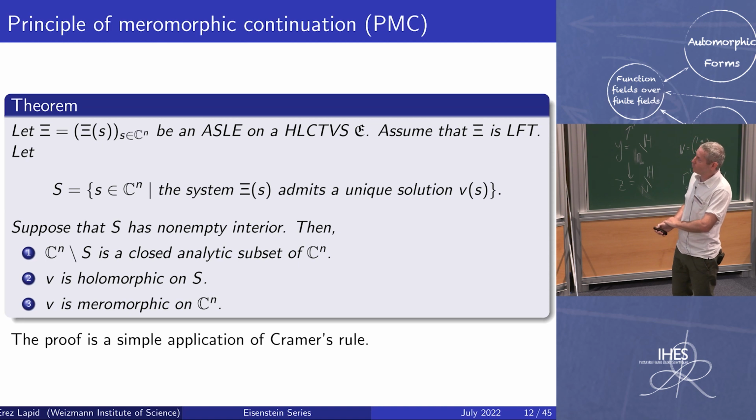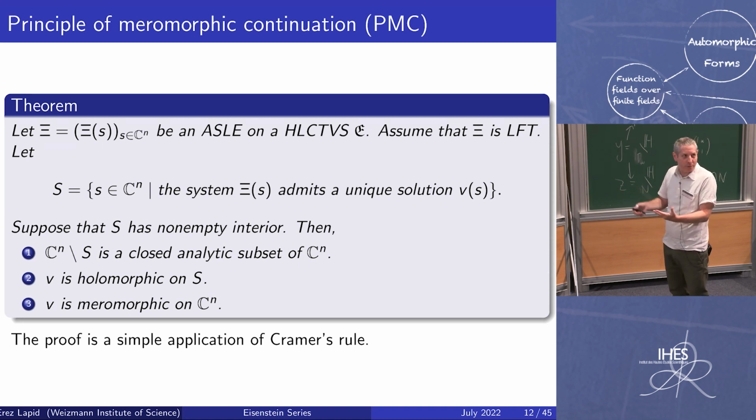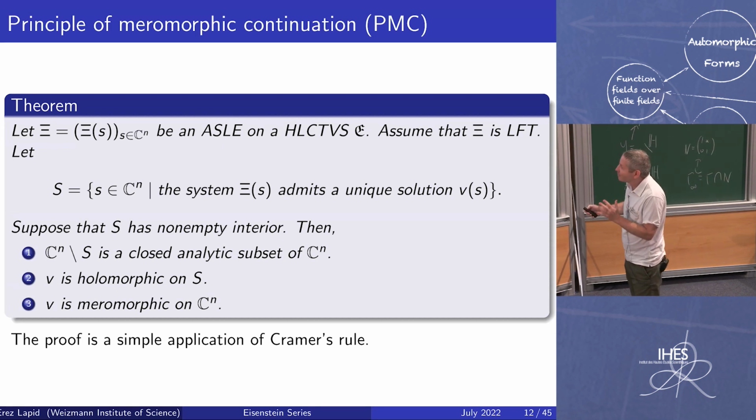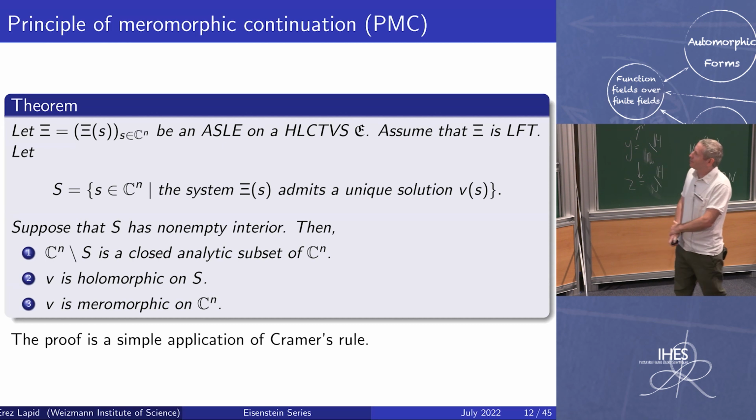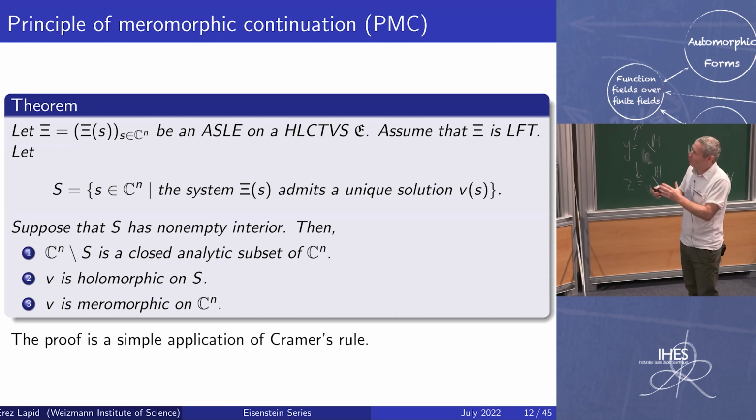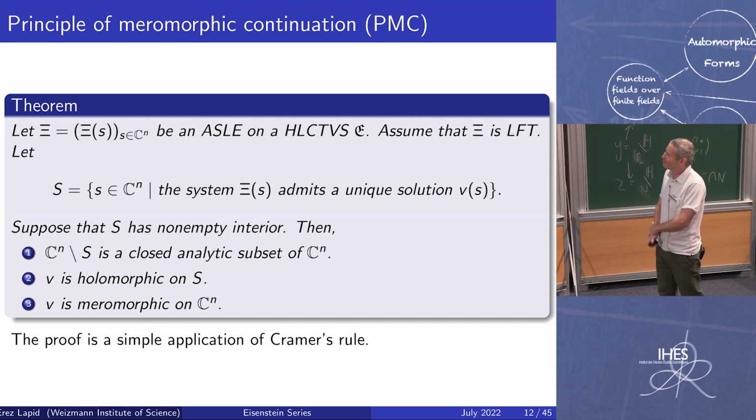V is holomorphic on this set, and it is meromorphic on Cn. That's the theorem, and I think it's not very complicated to formulate, but the proof is in some sense easier than the statement.